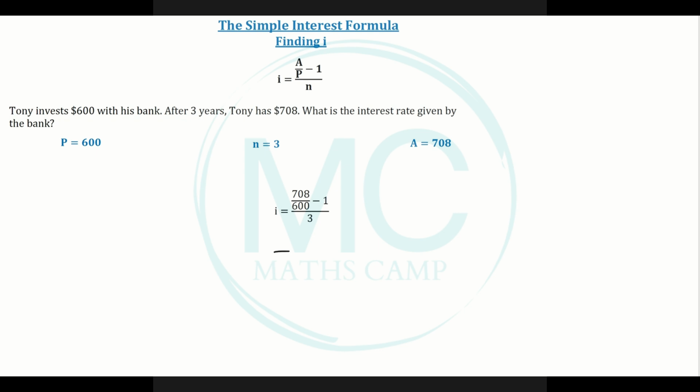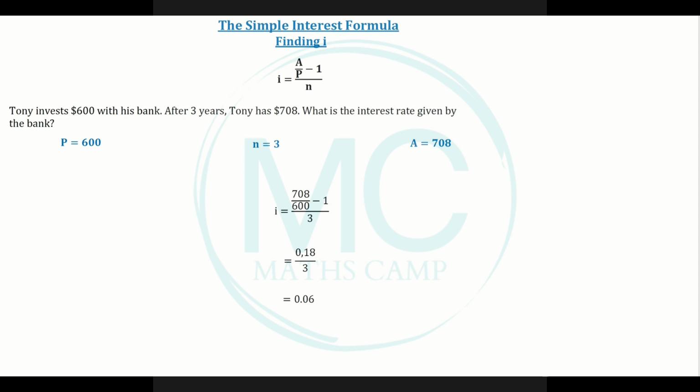Let's subtract the 1 and we get 0.18 over 3. 0.18 divided by 3 gives us 0.06. This is our I value.